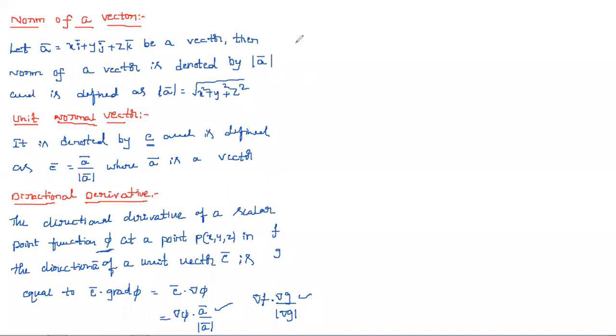Next one, if they ask to find the angle between two surfaces, finding the angle of intersection between two surfaces, in that case we use cos theta. Suppose we take the two surfaces as f and g.